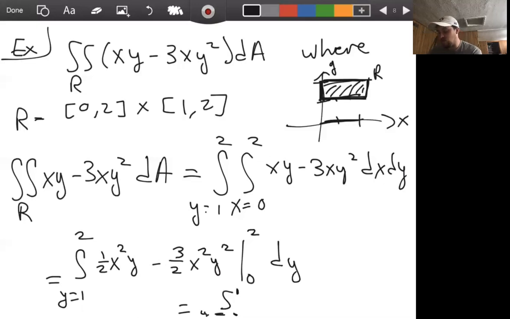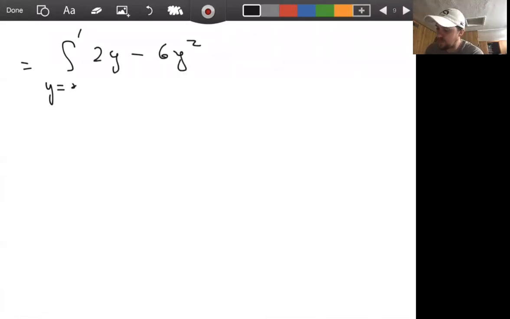If we plug in 2, we're going to get 4 over 2, so 2y minus, and then we plug in 4 over 2, so minus 6y squared dy. Right? And so now let's copy this down. This is the integral from y equals 0 to 1, 2y minus 6y squared dy.